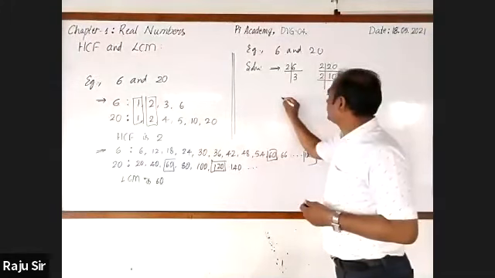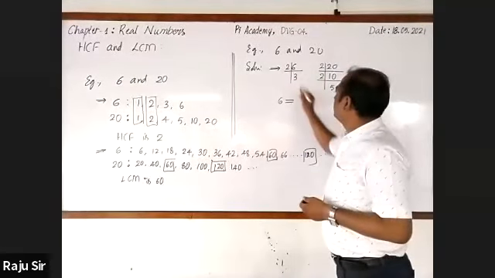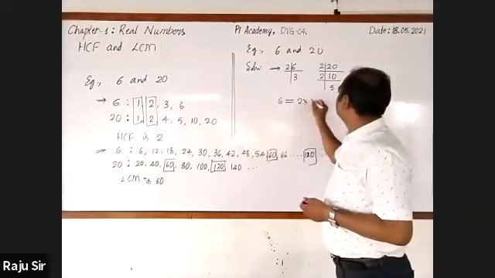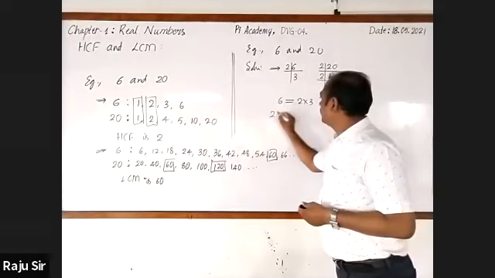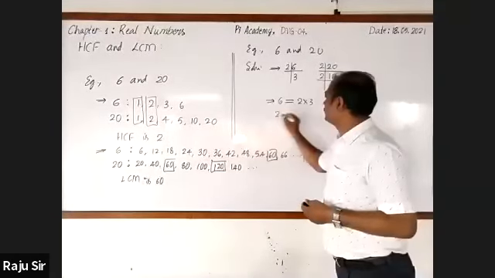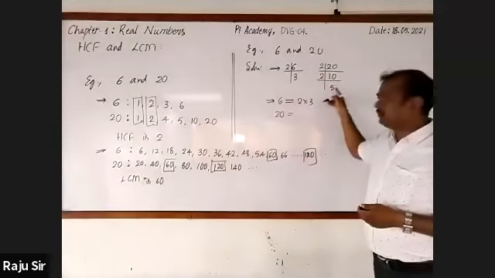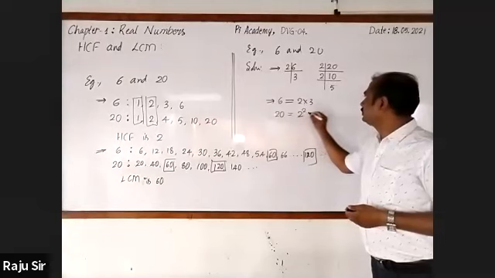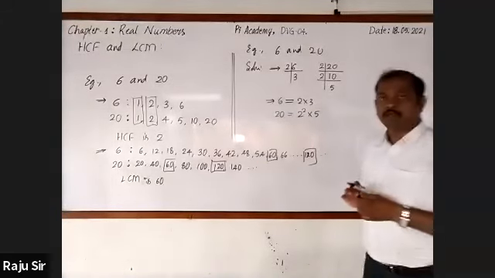The prime factorization of 6 can be written as 2 into 3. The same way, the prime factorization of 20 can be written as 2 into 2 into 5, which can also be written as 2 square into 5. Hope that you have understood.